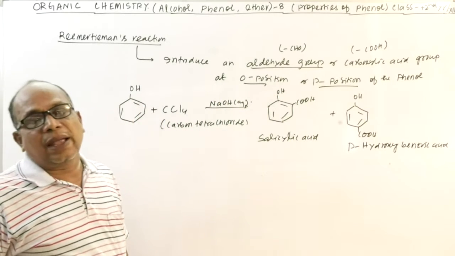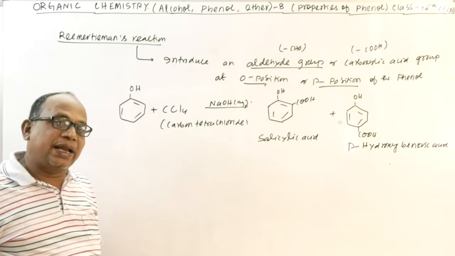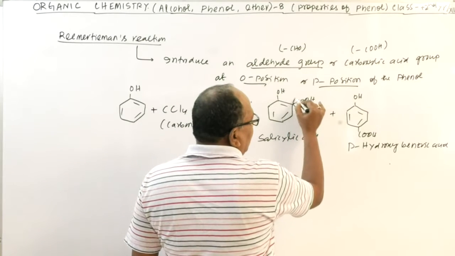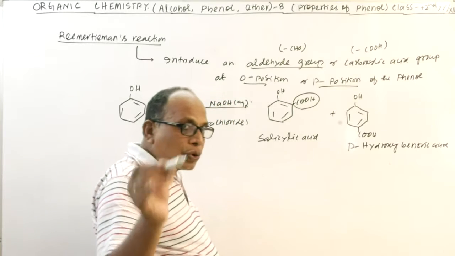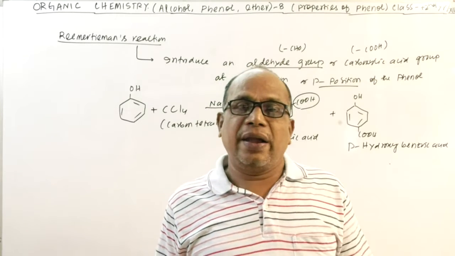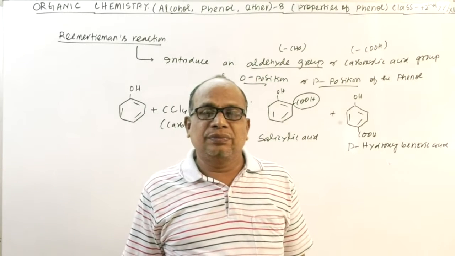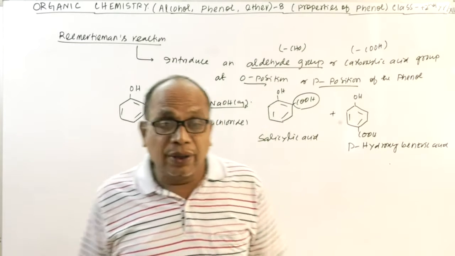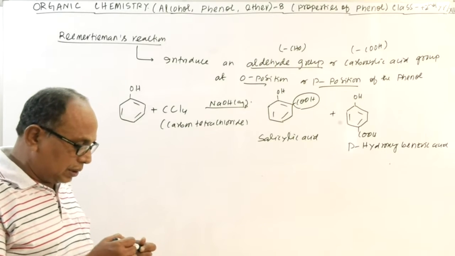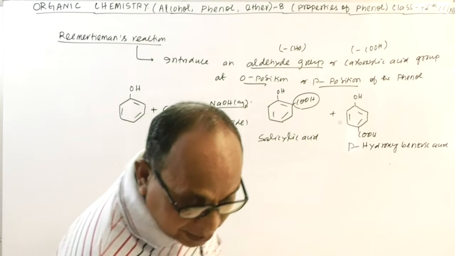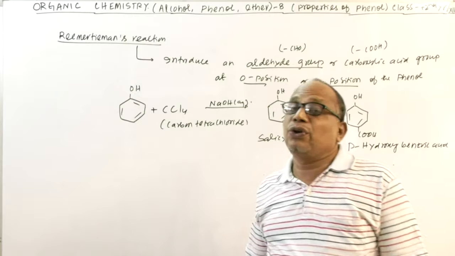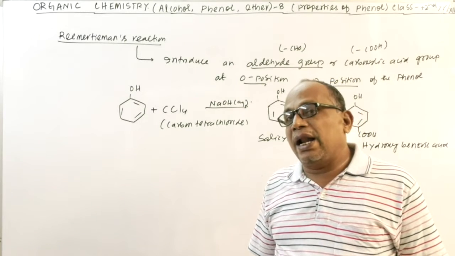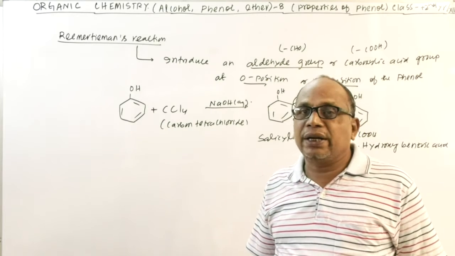This is also a part of the Reimer-Tiemann reaction. With the help of the Reimer-Tiemann reaction, you can introduce either a carboxylic acid group or an aldehyde group. Okay, students, this is all about the Reimer-Tiemann reaction. That means in the Reimer-Tiemann reaction, you can convert phenol to the corresponding aldehyde or the corresponding carboxylic acid.